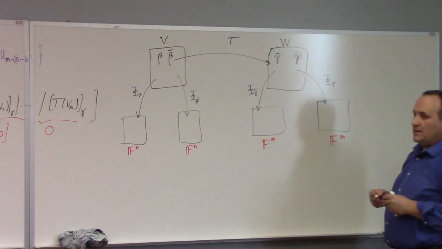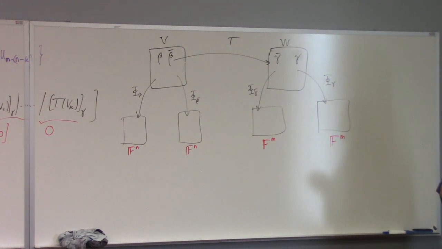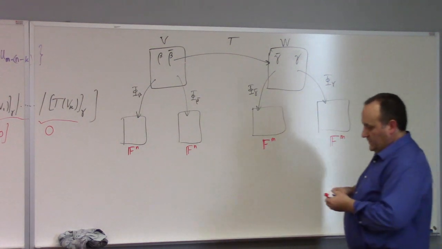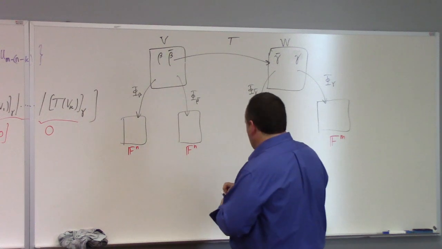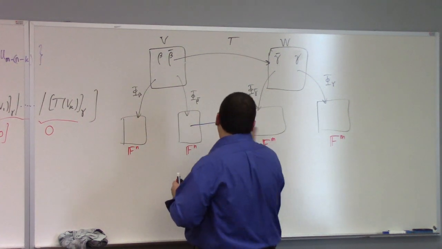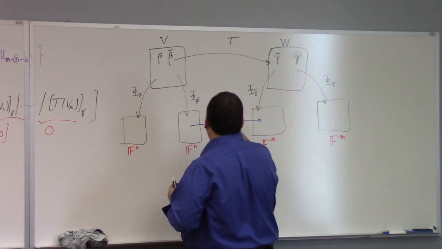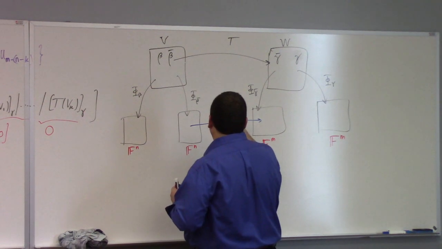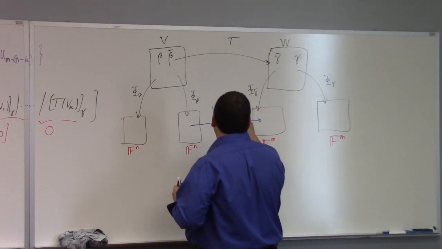And we defined how to find the matrix of the transformation. You guys remember? So to go from here to here, we defined left multiplication by the matrix T beta bar gamma bar.